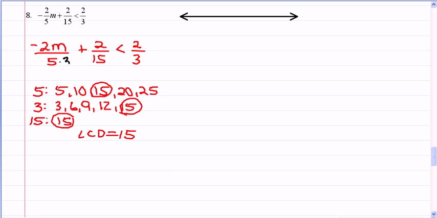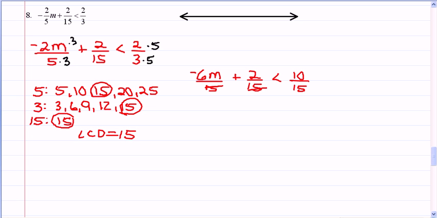So I multiply the first fraction by 3 over 3 and the last fraction by 5 over 5. So then I'm left with negative 6m over 15 plus 2 over 15 is less than 10 over 15.